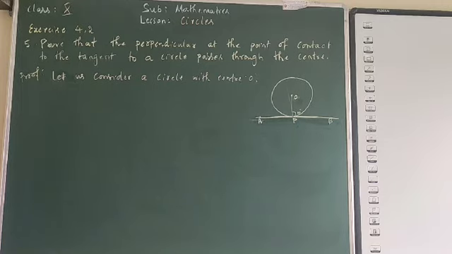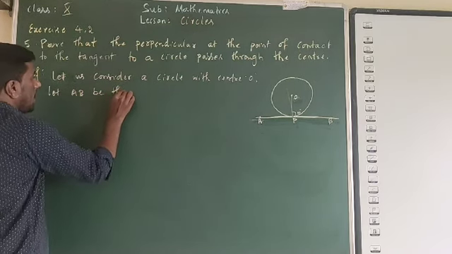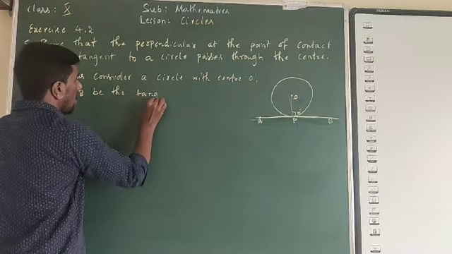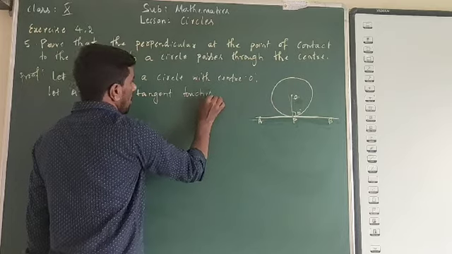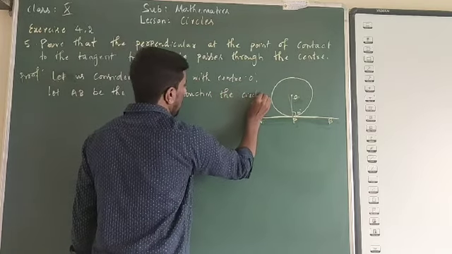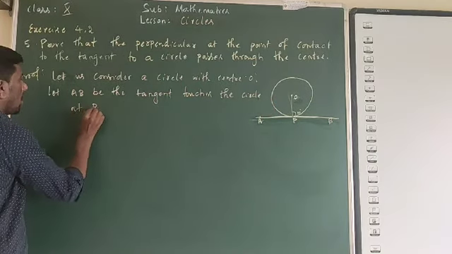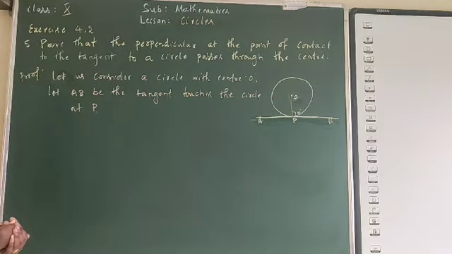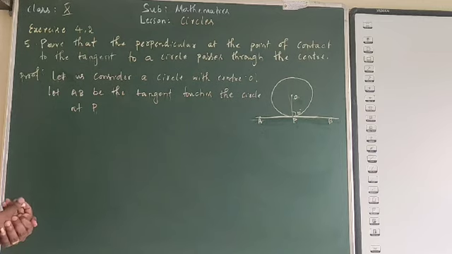Let AB be the tangent. Let AB be the tangent that touches the circle at P. So, let us consider a circle with center O, and let AB be the tangent touching the circle at P.